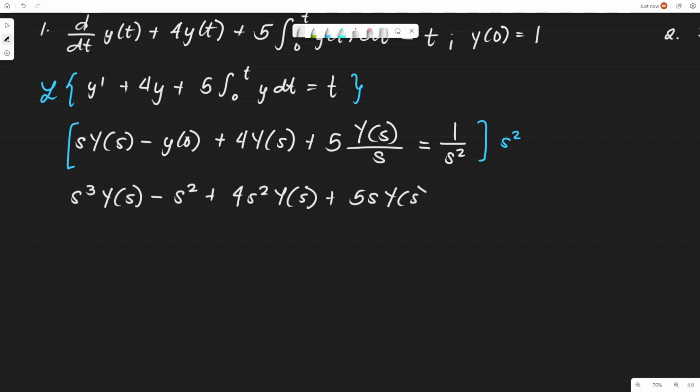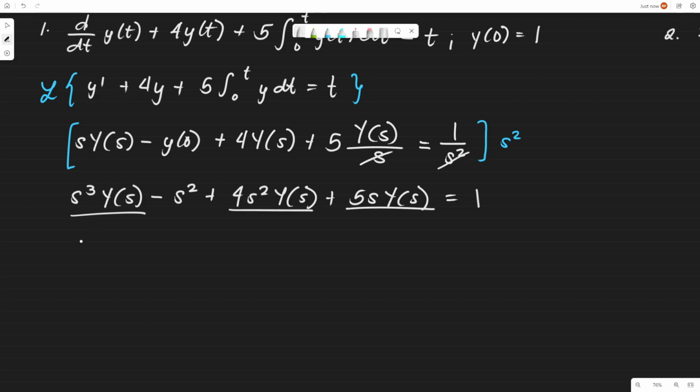So bakit s na lang? Meron kang denominator ng s sa baba, so cancel yon. So this one is equivalent to 1, no? Since makakancel naman si s squared. Okay? So game, lahat ng may y of s, iwan. Lahat ng walang y of s, lipat sa kabila.